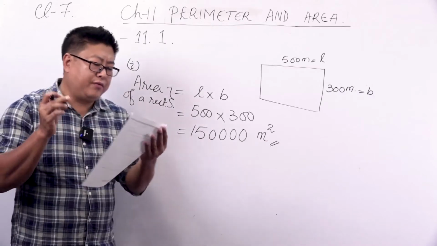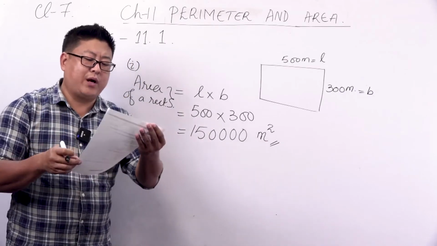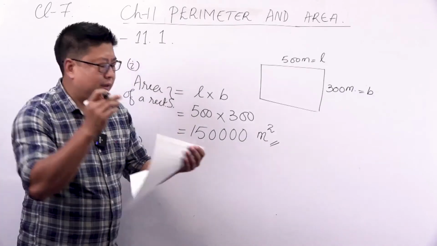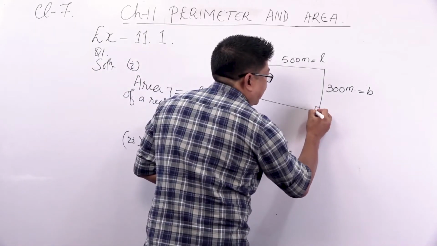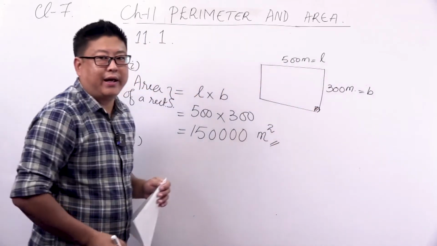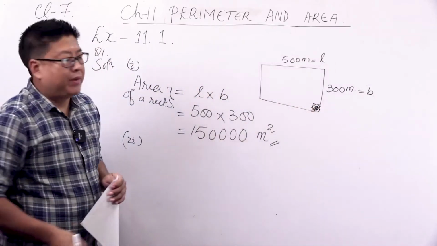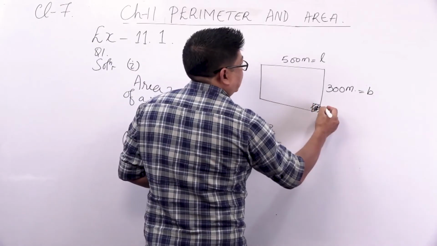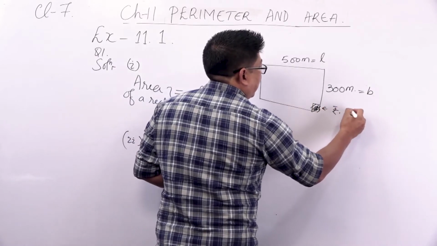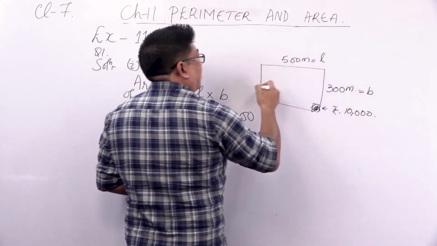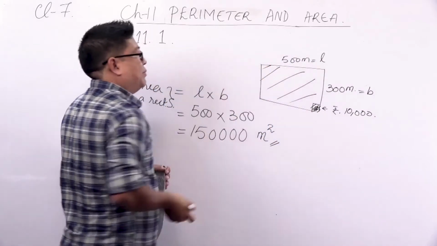Find the cost of the land if 1 meter square of the land costs rupees 10,000. For example, let's say that this is 1 meter square. Now, if this much costs rupees 10,000, how much will the total cost be?